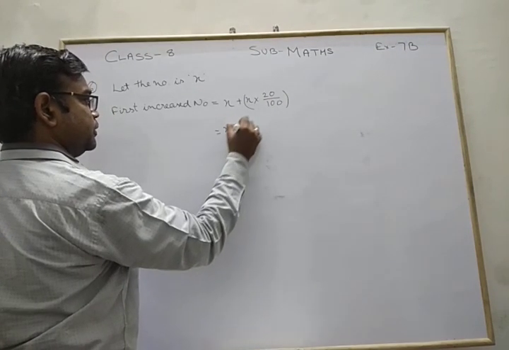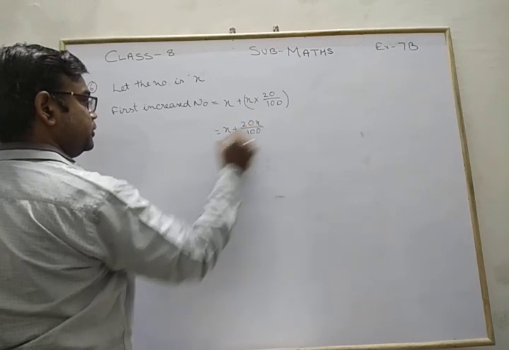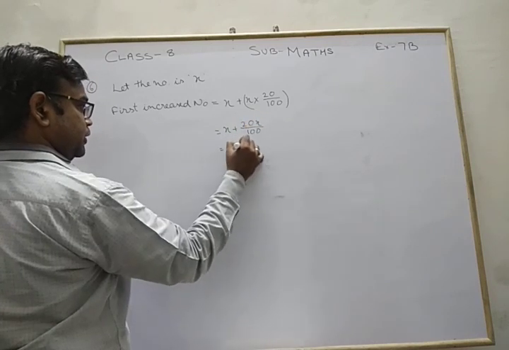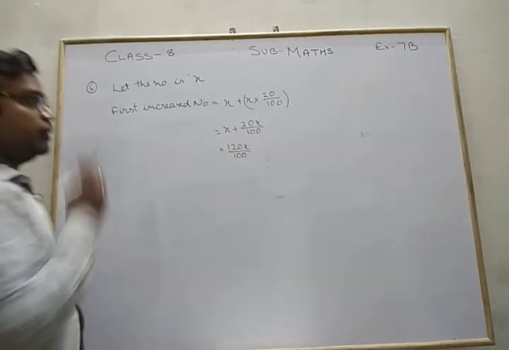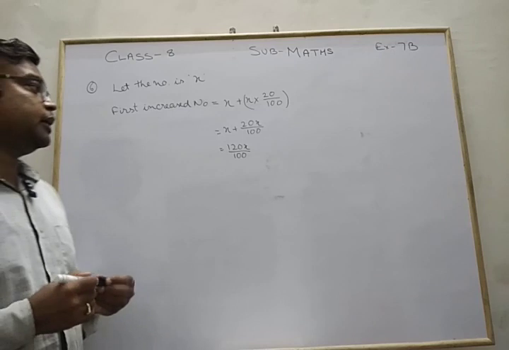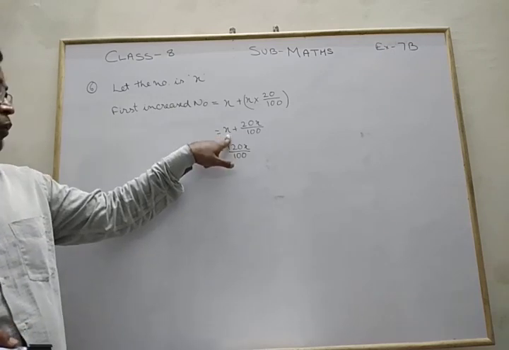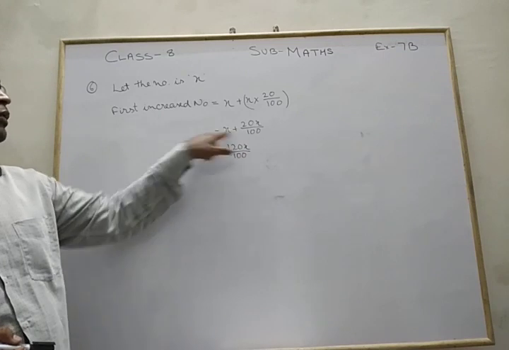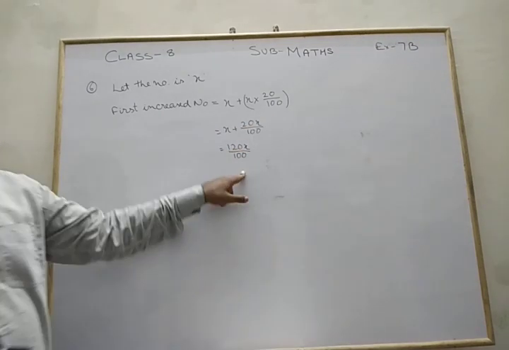So x plus 20x upon 100. It is 120x upon 100. We discussed how we can calculate directly. One denominator is 1, so 100x plus 20x is 120x upon 100.